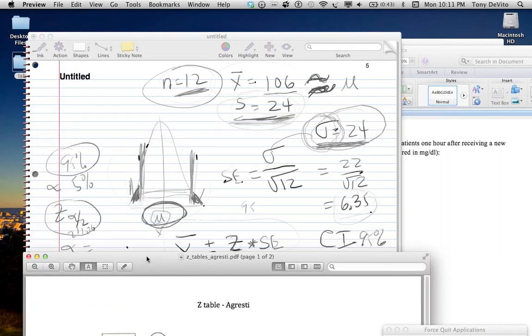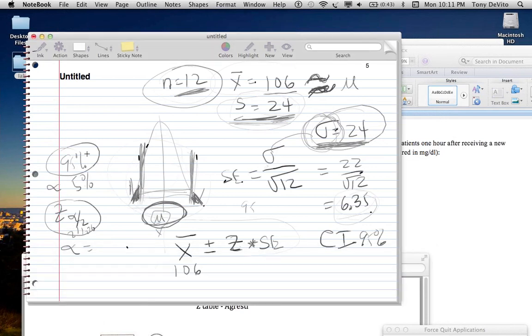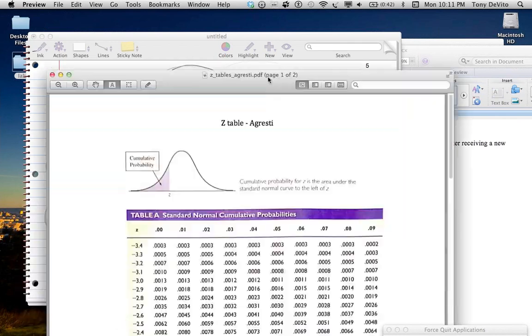So when you're looking at 95% certainty, or an alpha of 5%, you're looking for a z-score that gives you a single tail of alpha over 2, or 2.5%. The z that does that for you is equal to 1.96, either plus or minus, depending on where you are. I'm going to show you that that really is true here.